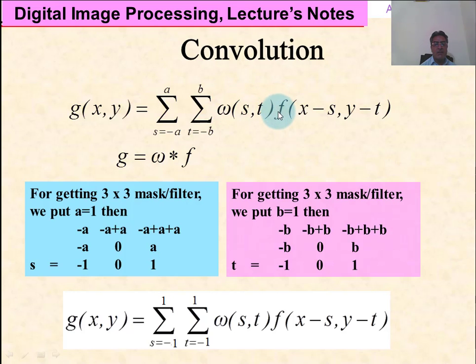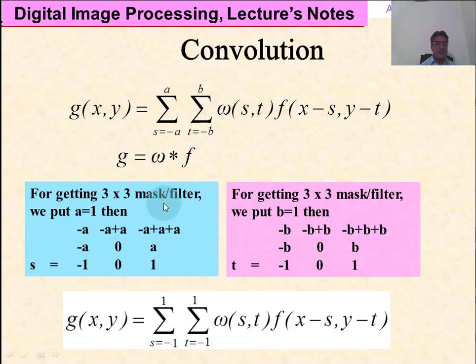Shortly we take it as G is equal to W convolved with F. That is, the filter will convolve with the input image. Because these are loop operations, for one loop operation the pixel value of the input image will be known, and then for the second, and then for the third, fourth and fifth.